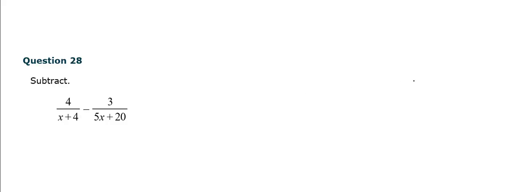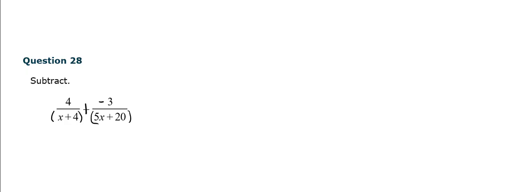Let's look at one more problem, a subtraction problem. And we have 4 over x plus 4 minus 3 over 5x plus 20. And remember, we're going to change subtraction to adding the opposite.